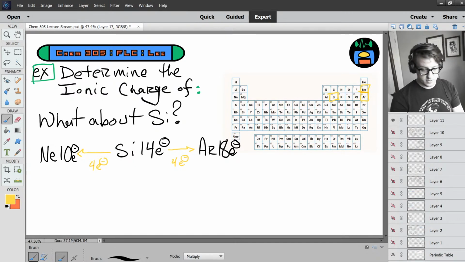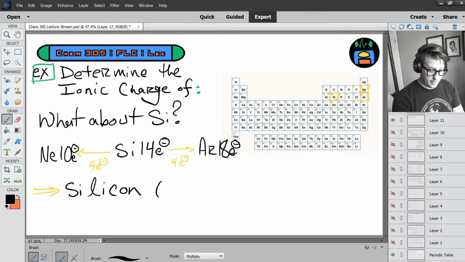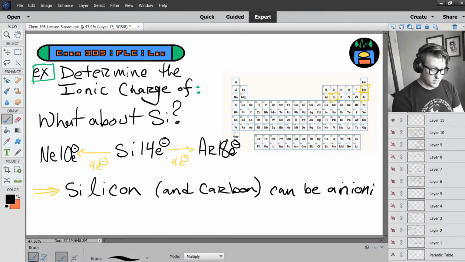It turns out that silicon and carbon can be anionic or cationic, so they actually have a choice.